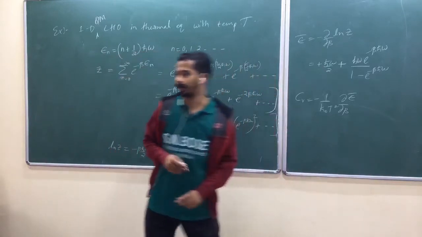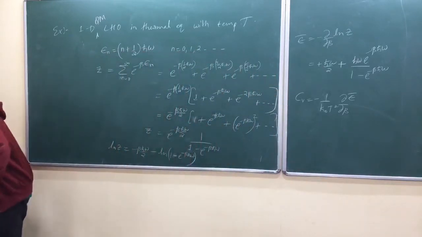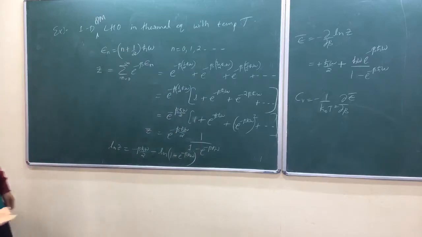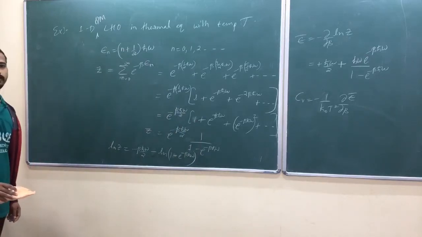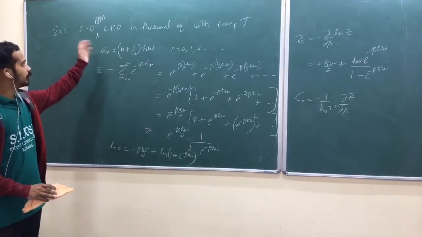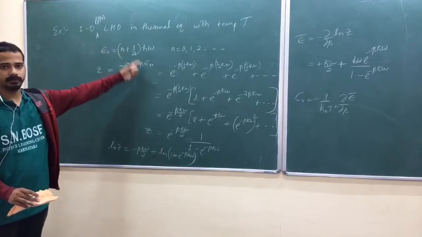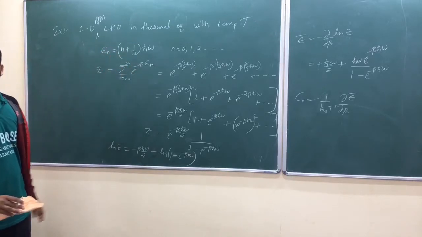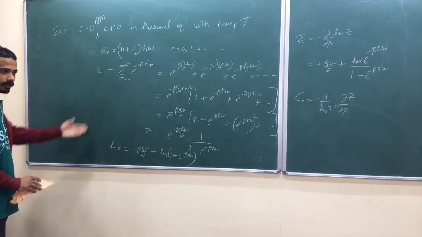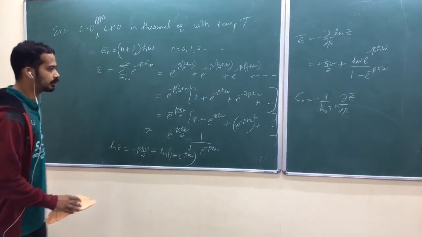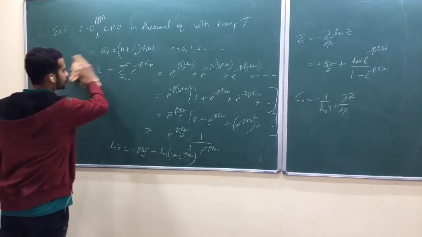Is that okay? Yeah. Now let me quickly introduce how to handle continuous energy distribution, because all these formulas whatever we defined, summation, those are all for discrete energy distribution, and the probability whatever we defined is also for discrete energy distribution.